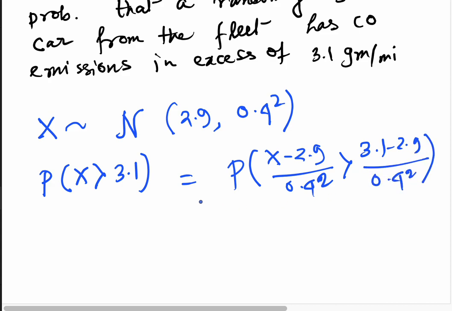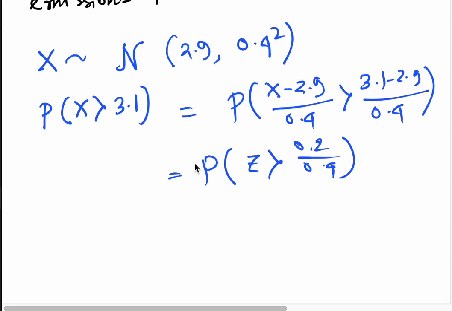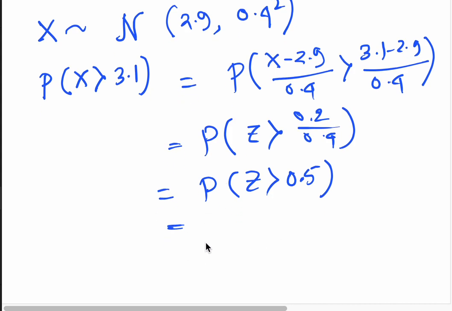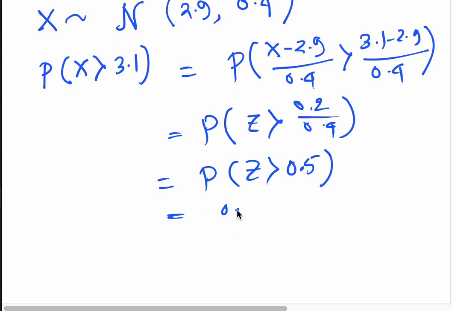So this is the probability of Z greater than, 0.2 by 0.4, so that is the probability of Z greater than 0.5. From the table, we got the probability as 0.3085.